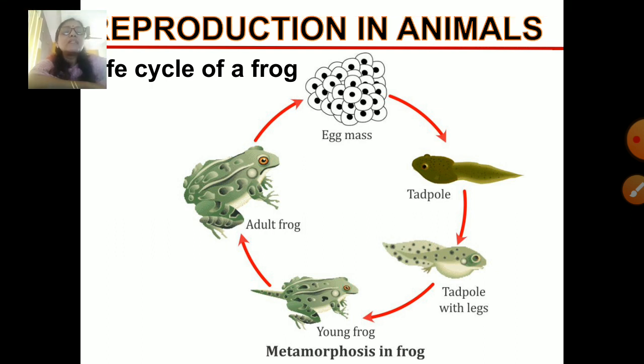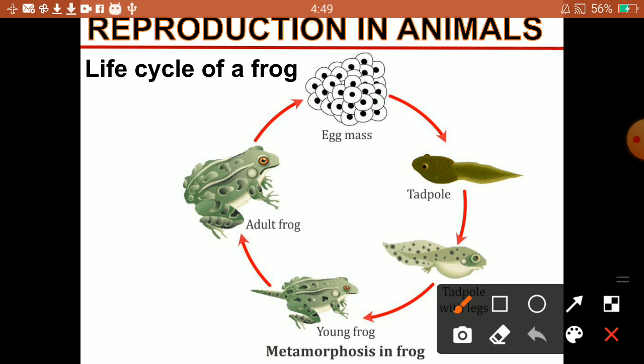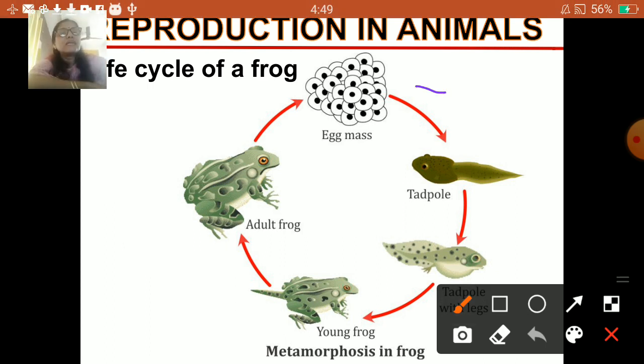This is the life cycle of a frog as you see in the picture. There are 4 stages in the life cycle of a frog. First there is an egg mass. Egg mass means many eggs are there. Then a tadpole comes out, and then the tadpole's arms develop.